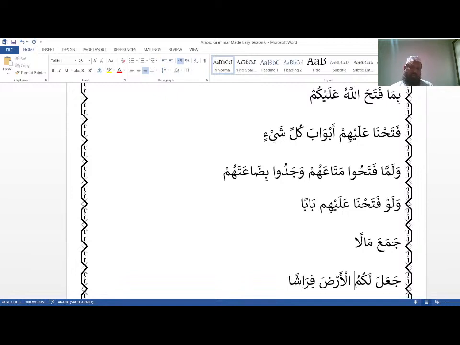Yes. Remember we did say some fi'ls will have two objects, two maf'ul. This is it. So al-arda is the first maf'ul, maf'ul al-awwal, and firashan, also in halatun nasb, is the second maf'ul, maf'ul al-thani. We know the meaning of ja'ala, to make.